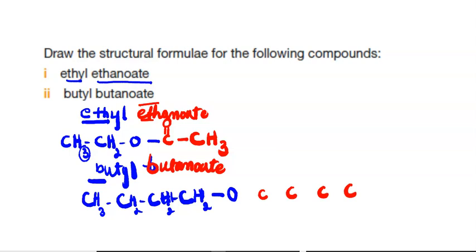You can write oxygen here like this, and then you have CH2, CH2 and CH3. So I hope you understand this thing. This is a carbon. It should not have hydrogen with it, right? Because it is doubly bonded with oxygen. I hope you are clear about this.